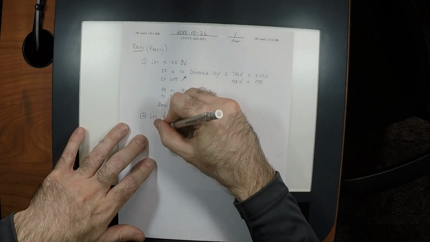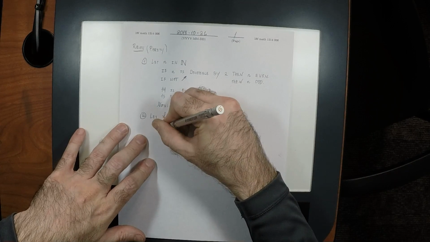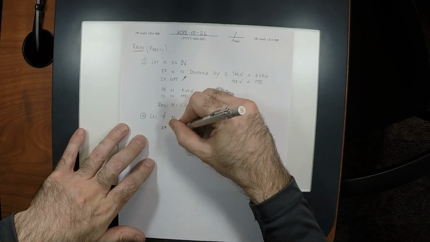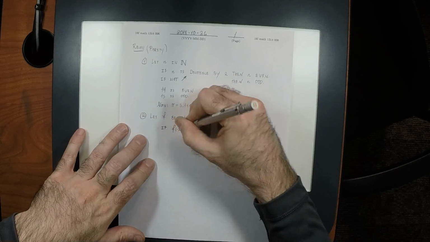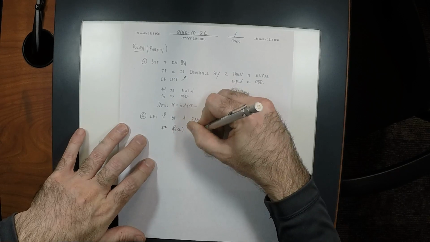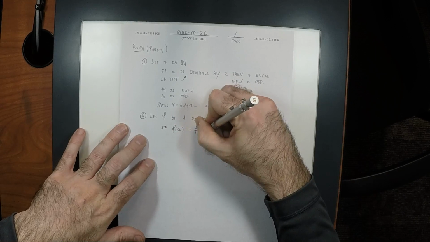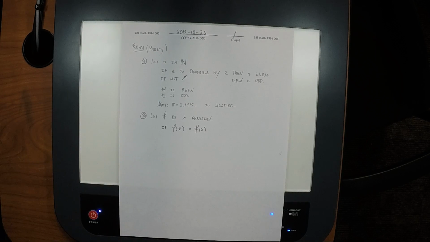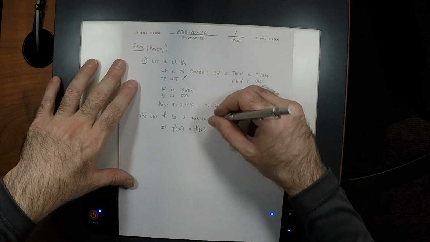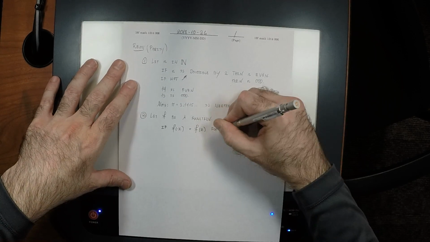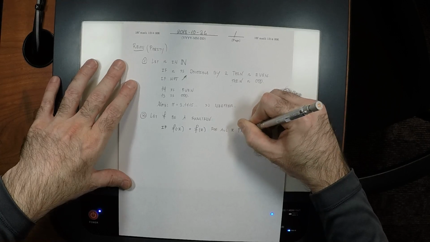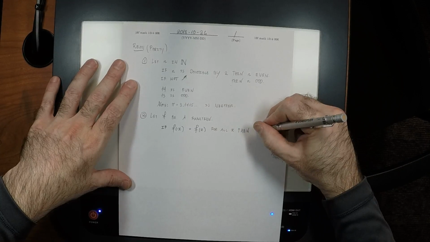And we said if it is the case that f of negative x is f of x for all x, then f is even.